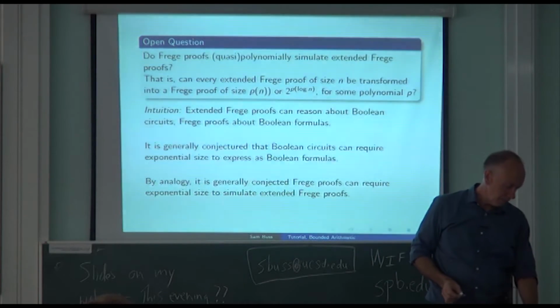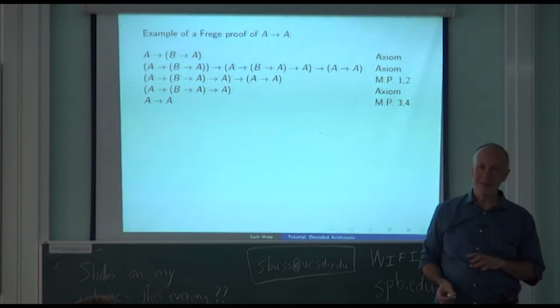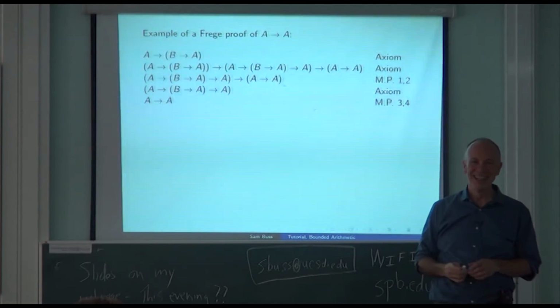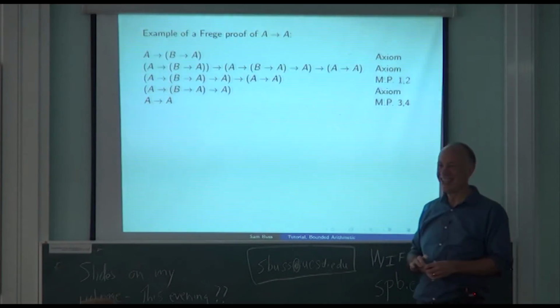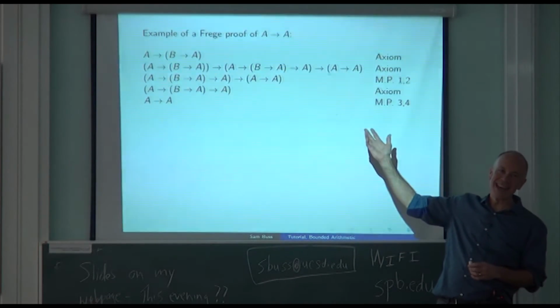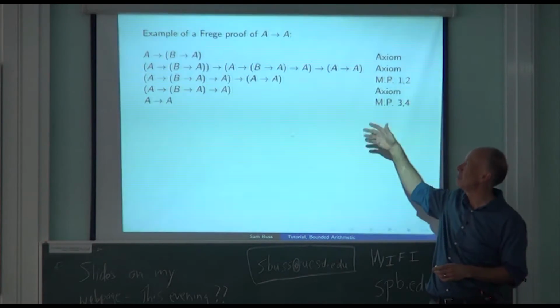Okay, so that's Frege and extended Frege proofs. How many people have seen Frege proofs before? Well, now you've seen one. Actually, here's a proof of A implies A. This is the standard Frege proof system, which you might see in Stephen Kleene's book, for instance.